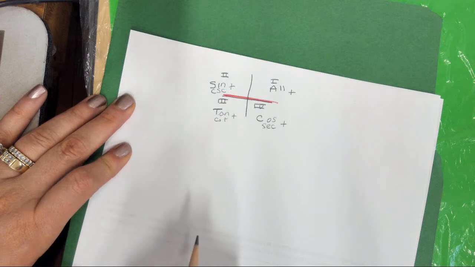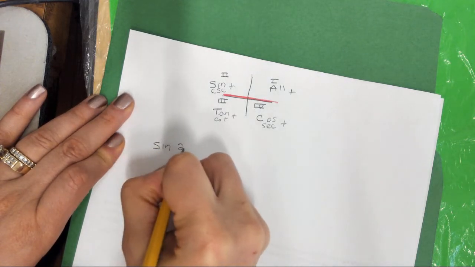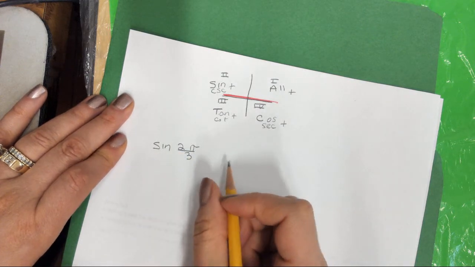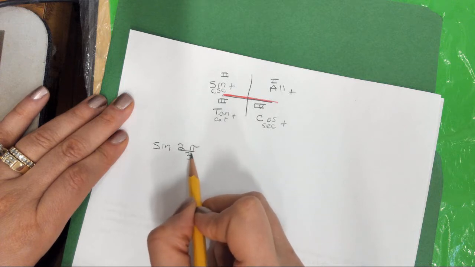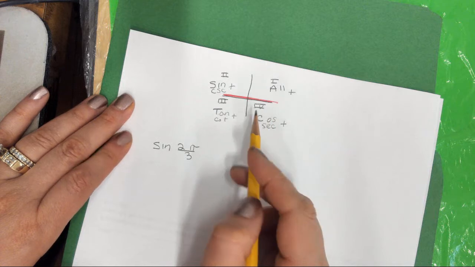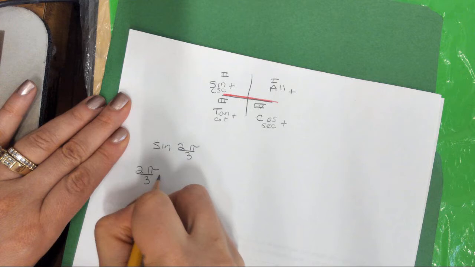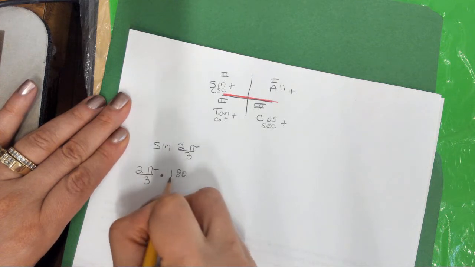So suppose we wanted to find the exact value of the sine of 2 pi over 3. Sometimes it's more helpful for us to know what this is in degrees so we can more easily identify which quadrant this falls in. So we can convert 2 pi over 3 times, since I want degrees, I'll put 180 on top.